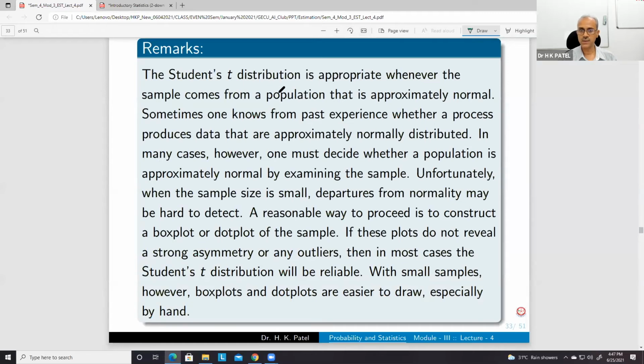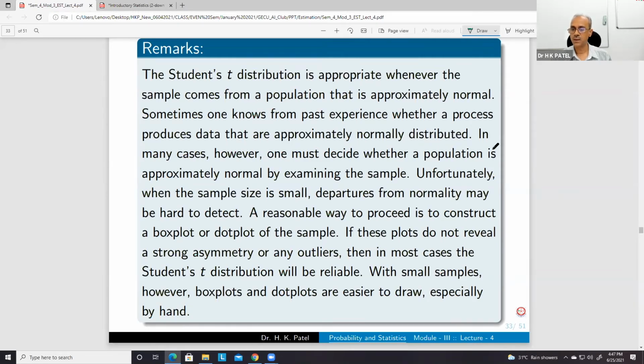Student's T distribution is appropriate whenever the sample comes from a population that is approximately normal. Sometimes one knows from past experience whether a process produces data that are approximately normally distributed.